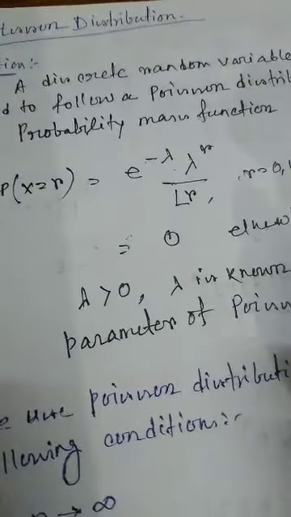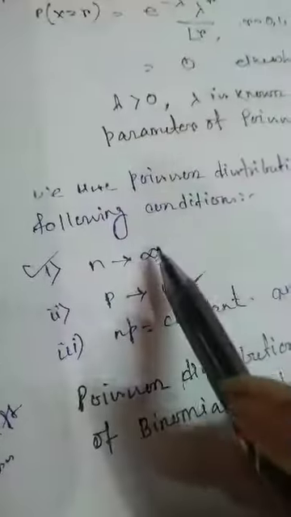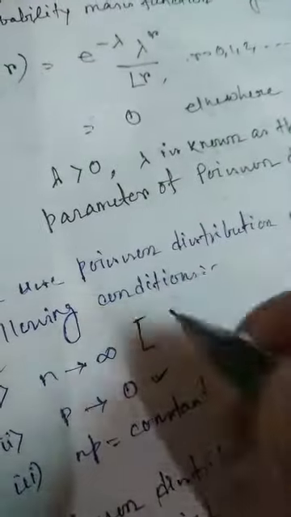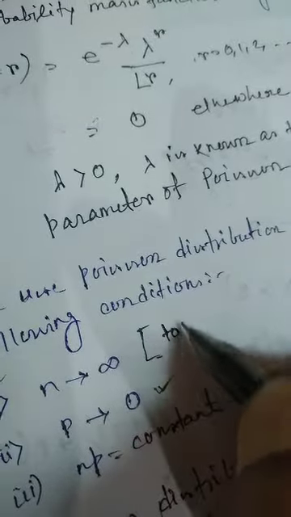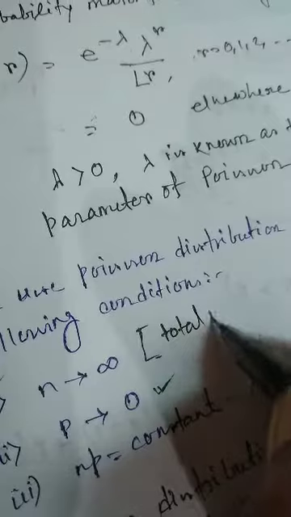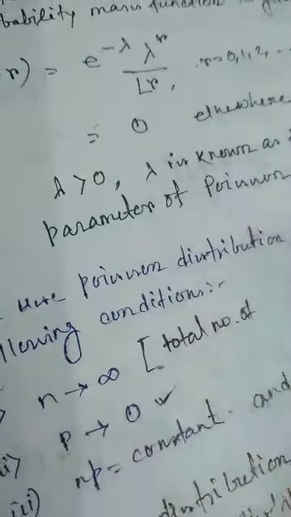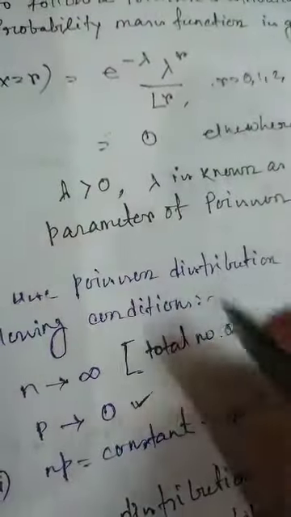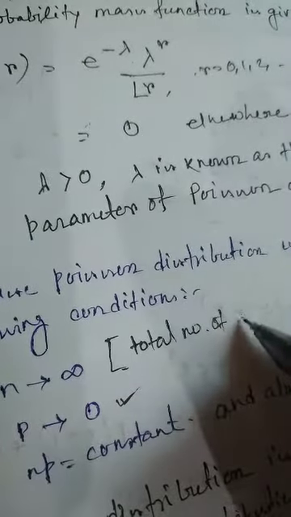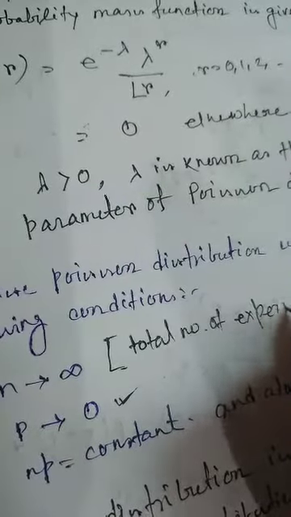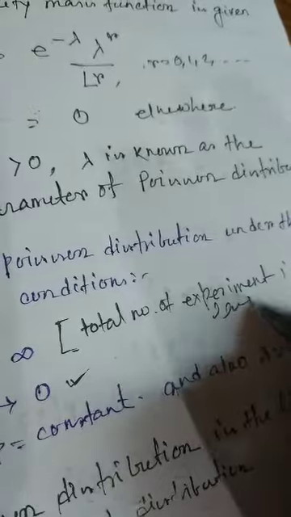We use the Poisson distribution for the following conditions. The first condition is n tends to infinity. That means the total number of experiments is large.